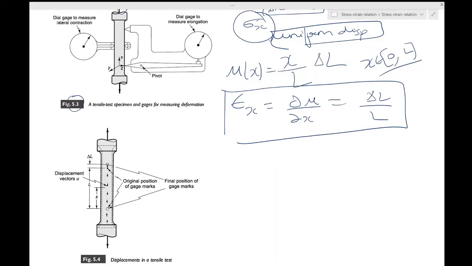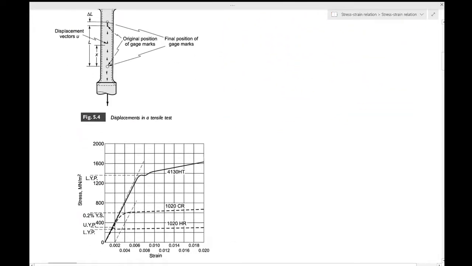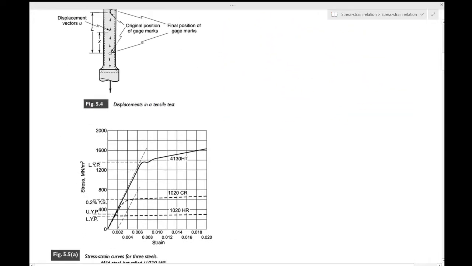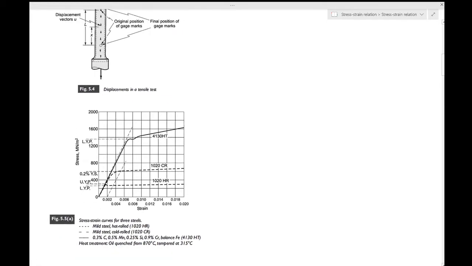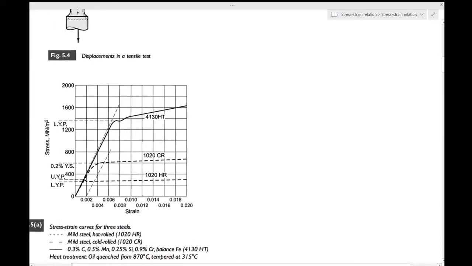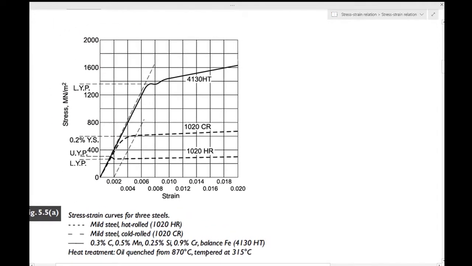Now the results of room temperature tests on a variety of materials are shown in figure 5.5. So have a look at this figure 5.5. Let me just enlarge it slightly. We'll study this diagram very carefully.